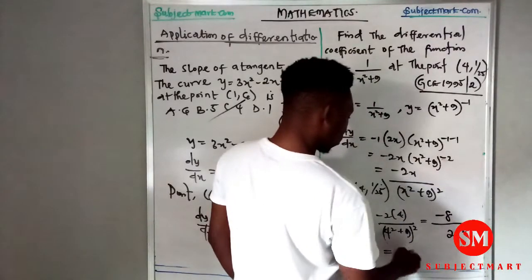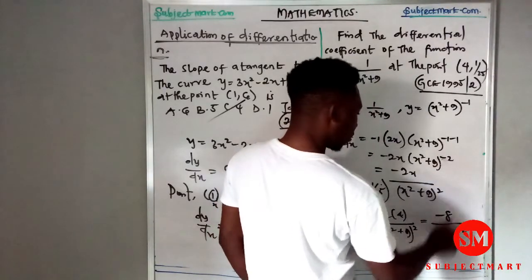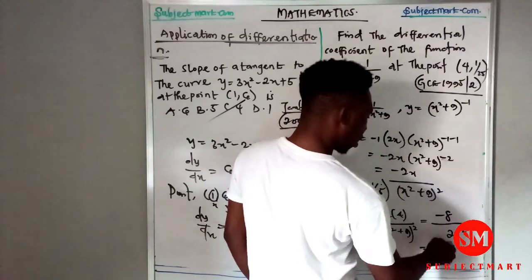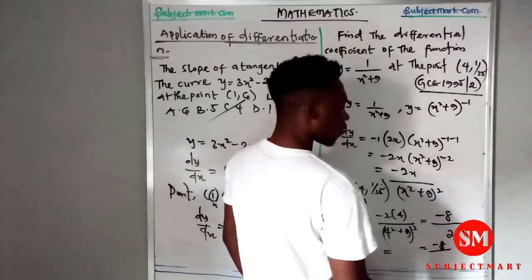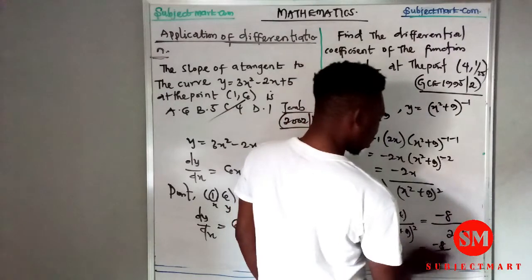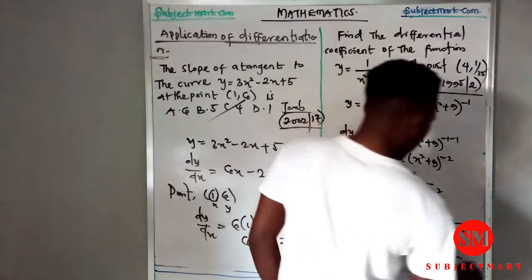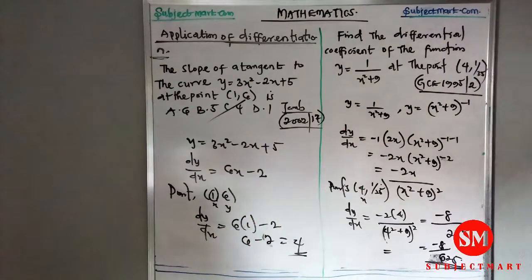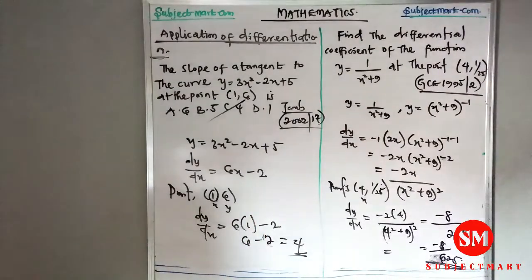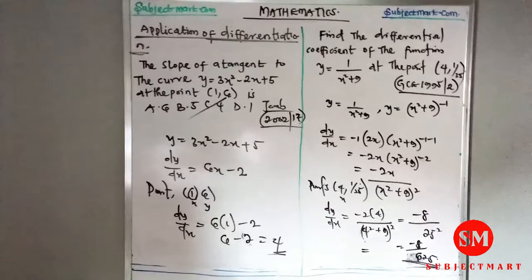So this is equal to minus 8 over 25 raised to power 2, that's 625. So the differential coefficient of this function here is minus 8 over 625.